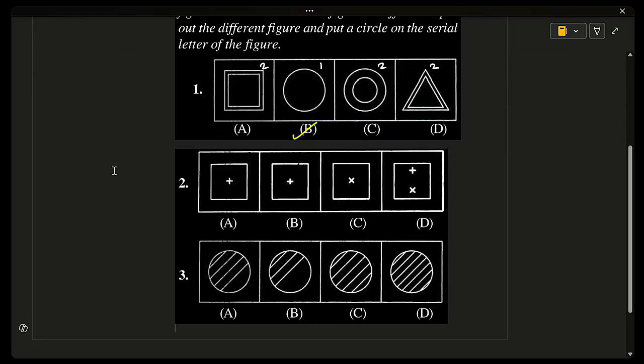Second one. One symbol, one symbol, one symbol, and here we have 2 symbols. Option D.